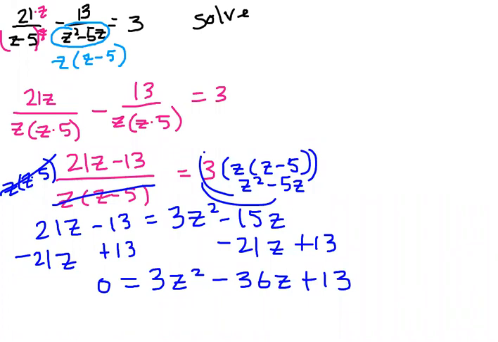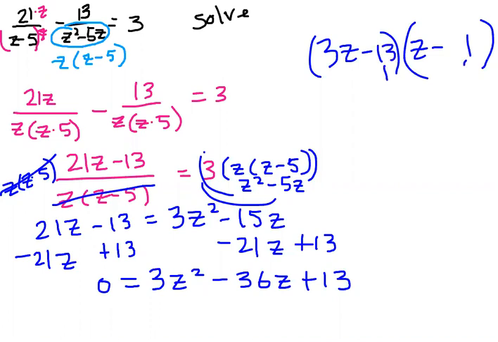You're welcome to sit and try your trial and error of the two factor pairs. It's going to be at least a 3z and a z. The 13 is positive, the middle is negative, so they're both negative. You could try 13 and 1 or 1 and 13, but I don't think this is going to factor. So unless you'd like to go through completing the square, which I'm happy to show you at another time, I'm going to go ahead and use the quadratic formula for this.